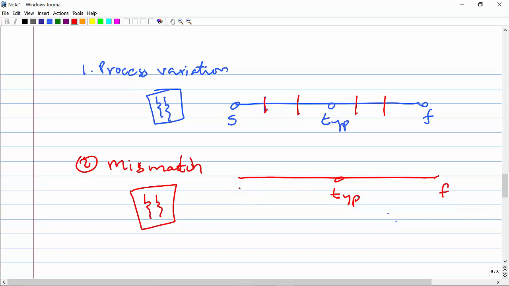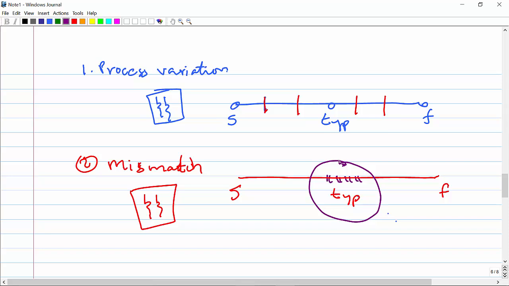So all the MOSFETs, all the components that you simulate will be very near to the typical corner. You will get two resistors here, two resistors here, two resistors here, and everything will be near to the typical corner if you are not selecting the process variation.